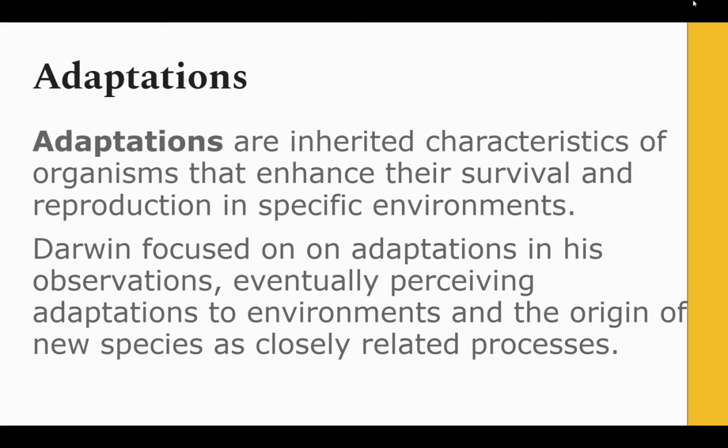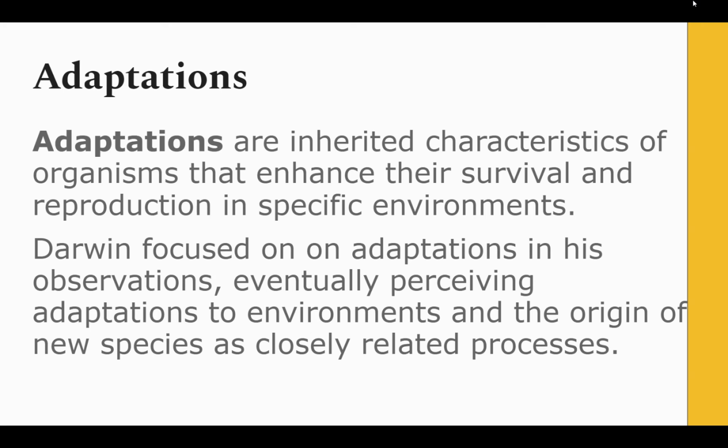So Darwin took his observations and focused very heavily on these adaptations, eventually coming to the conclusion that adaptations to environments and the origin of new species were very closely related. He said, okay, the idea that these inherited characteristics help organisms in their specific environments is very closely related to what I think the origin of new species is.